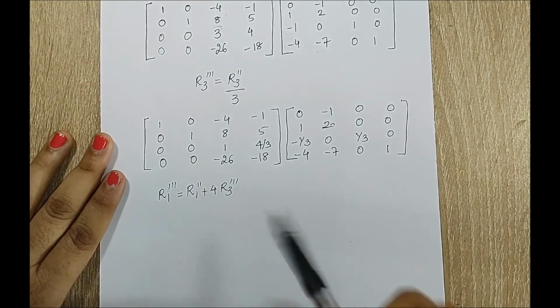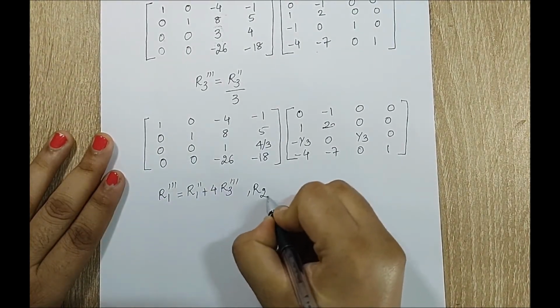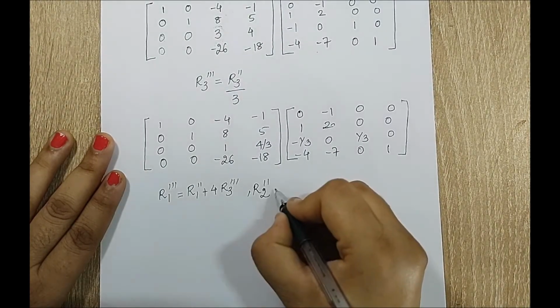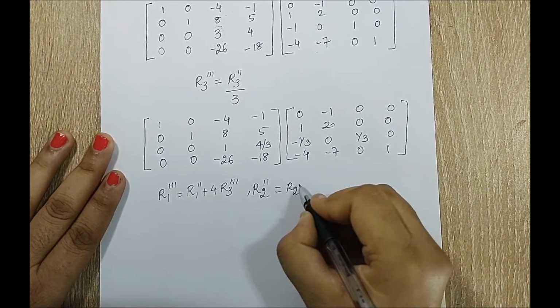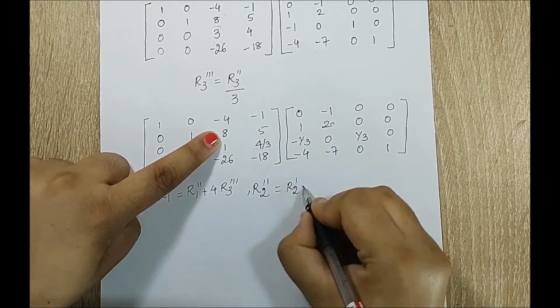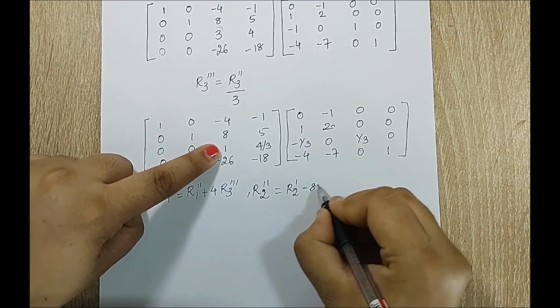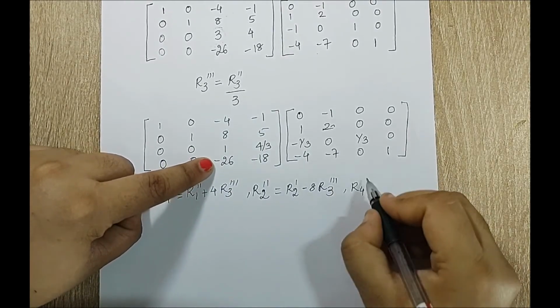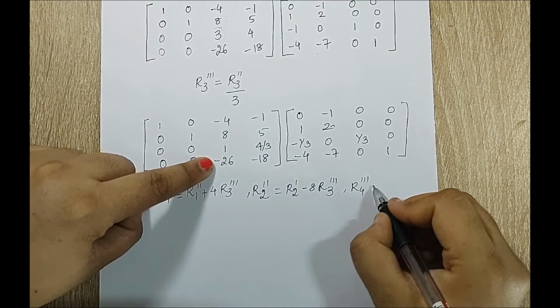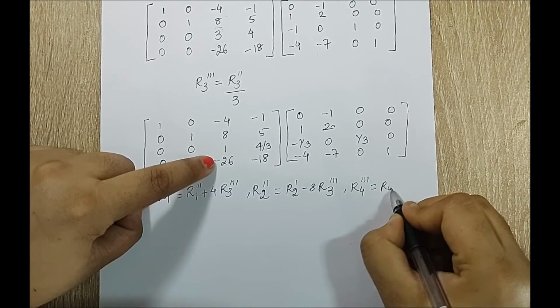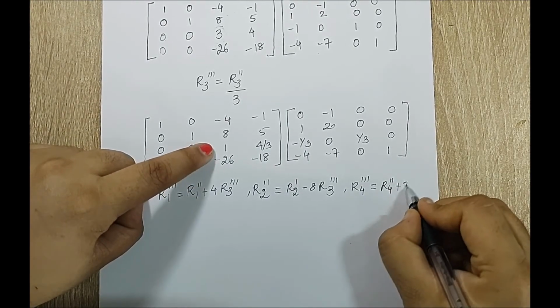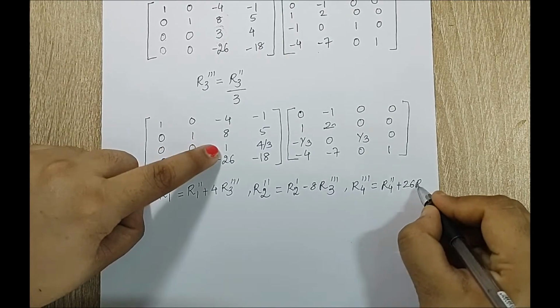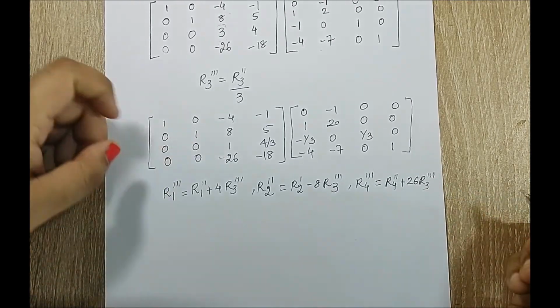Next, I'll work towards this, which will be R2 double dash will be R2 dash minus 8 times R3 triple dash, and last R4 triple dash will be R4 double dash plus 26 times R3 triple dash.